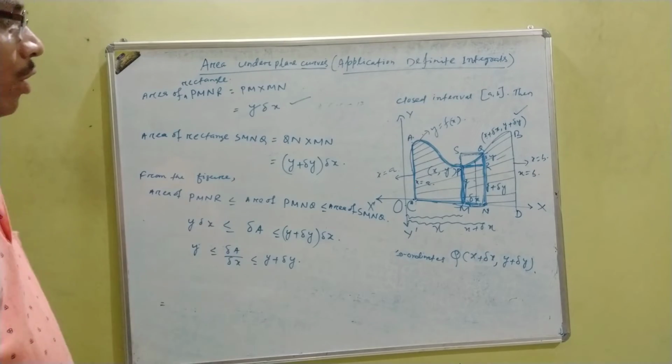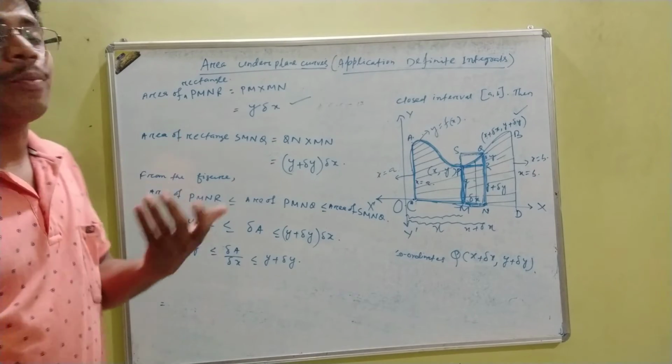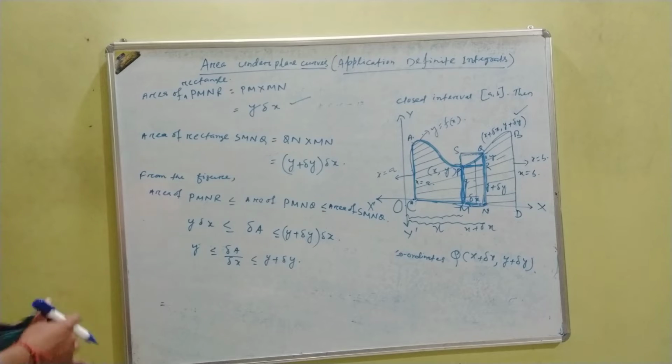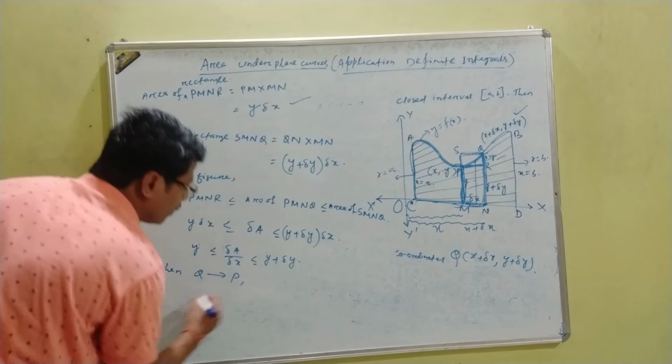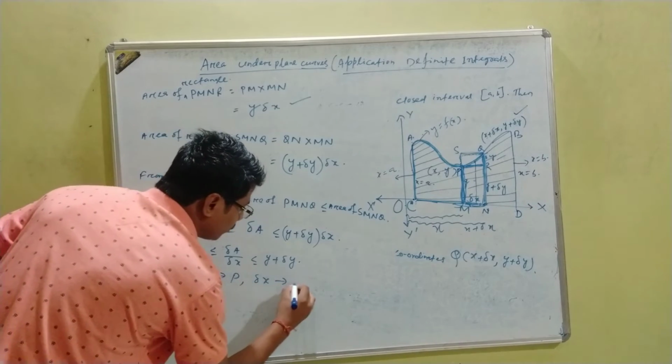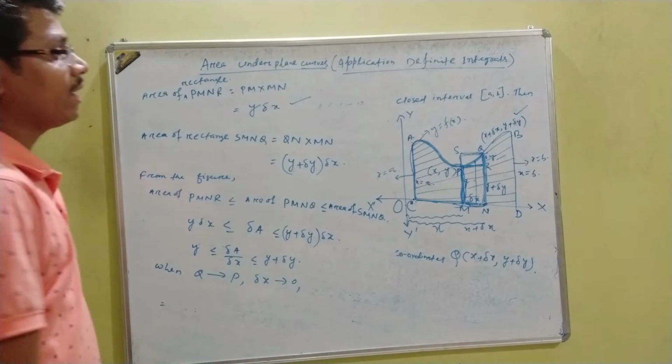Delta x tends to 0 when we change the point Q towards P. When Q is very close to P, then delta x tends to 0.